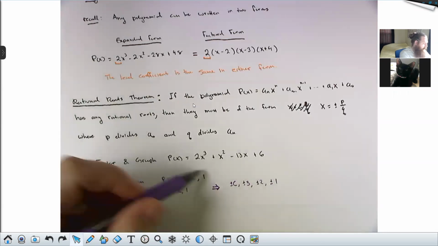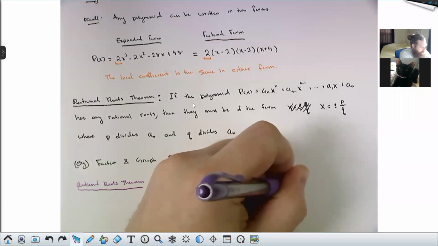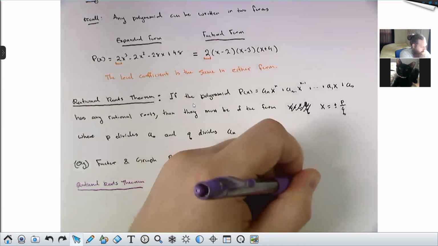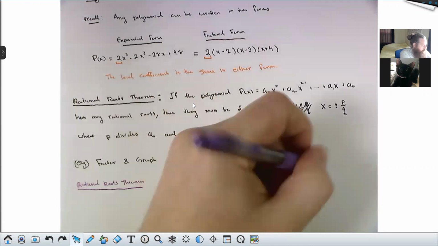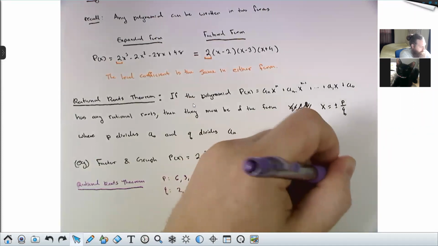Then we also have to take all of these over 2. So that's plus minus 6 over 2, plus minus 3 over 2, plus minus 2 over 2, and plus minus 1 over 2.